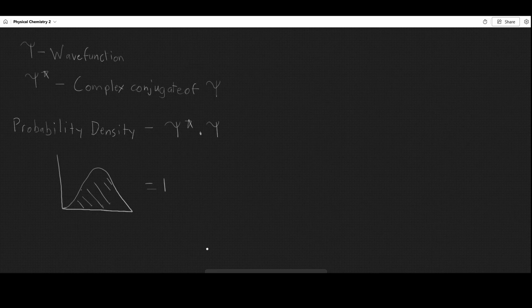Okay, so now that we've set up what a probability density is, how we calculate it, and normalization, we can continue on to restricted particle movement between two walls. So let's write that down.